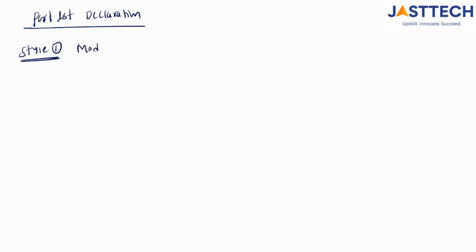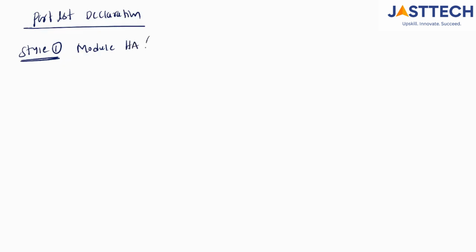Next, port list declaration. How to declare the ports? Here, if you see, there are two styles. Style one is module HA.